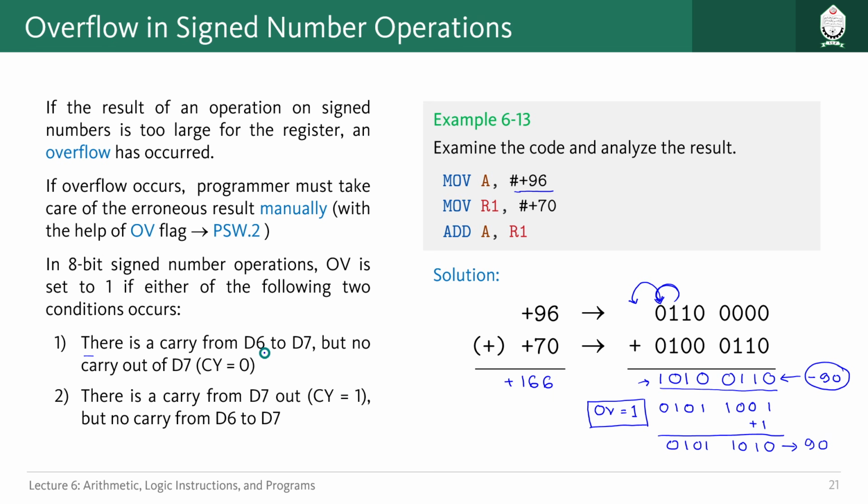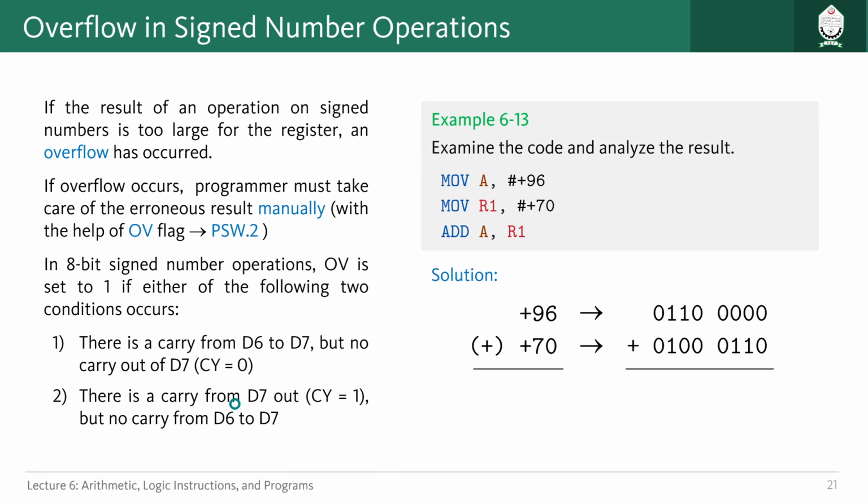If a carry from D6 to D7 happens but no carry from D7 to out, overflow should happen. If a carry from D7 to out happens but no carry from D6 to D7, overflow should also happen. But if both happen, then the overflow flag should be 0.